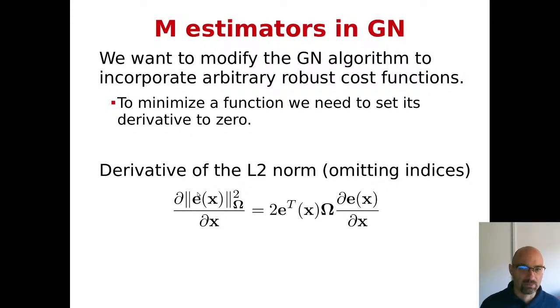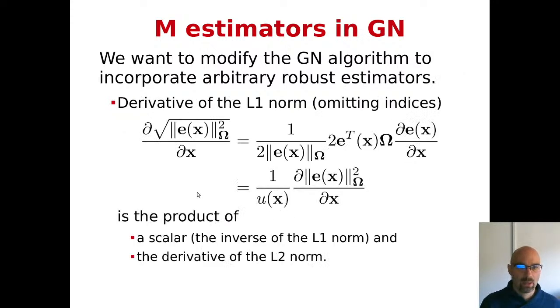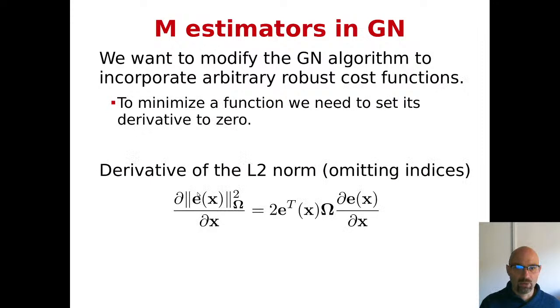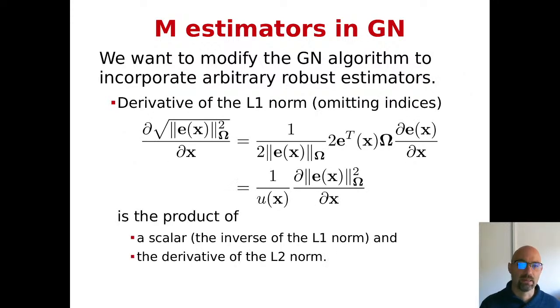If you compute it by hand, it will result to be quite obvious. Now this is the derivative of the L2 norm. If you have the derivative of f squared, you have 2f times f prime. Only that here in between you have an omega that multiplies the gain.